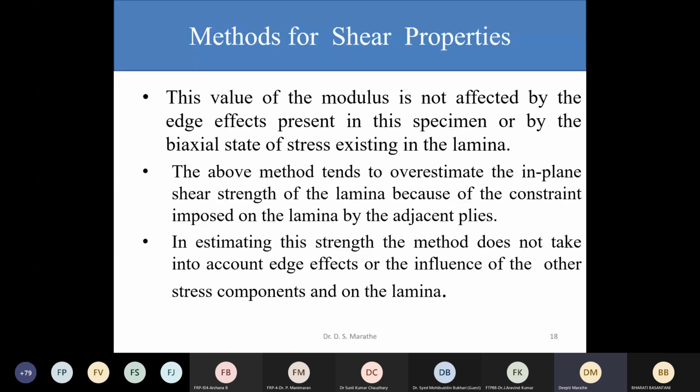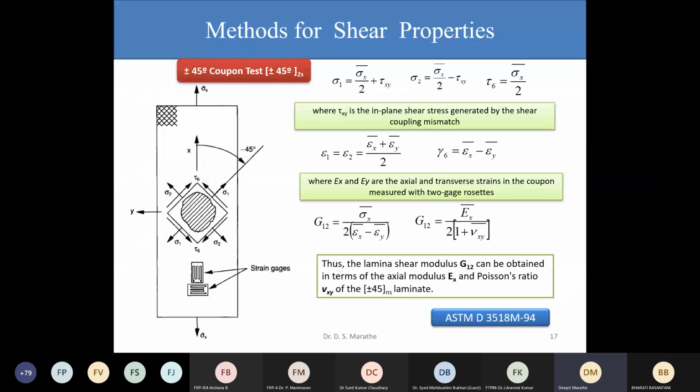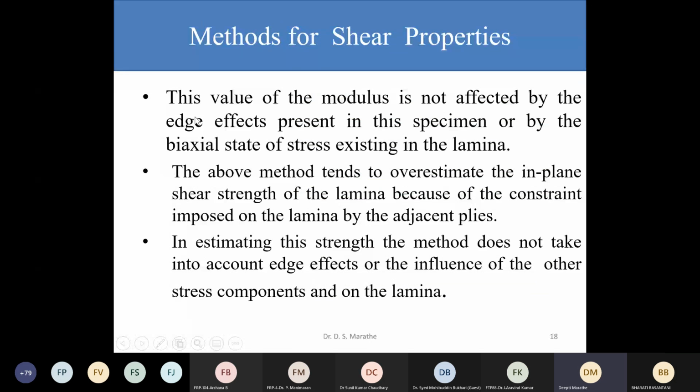But the problem with this test is that it overestimates the in-plane shear strength of the lamina. In estimating this strength, it does not take into account the edge effects or the influence of other stress components in the lamina. So basically, this is not where I get pure shear. I use my macromechanics knowledge to find the value of pure shear.